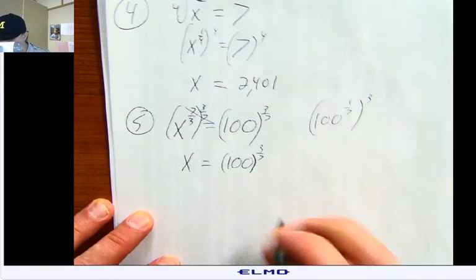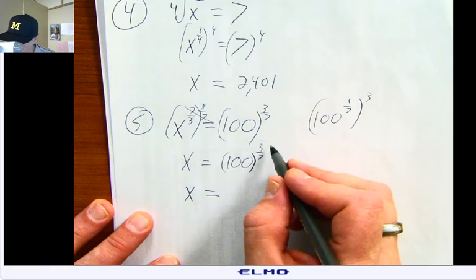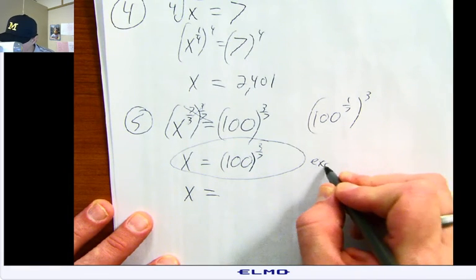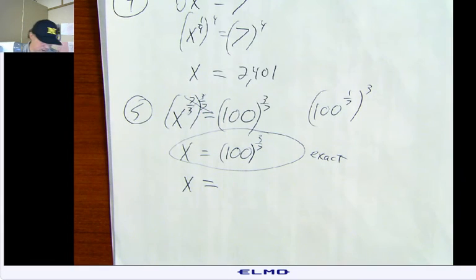If they want an exact answer, this would be your exact. But the instructions, I believe, would tell you to round your answer to the nearest thousandth. Well, it says to 3 decimal places, so nearest thousandth.